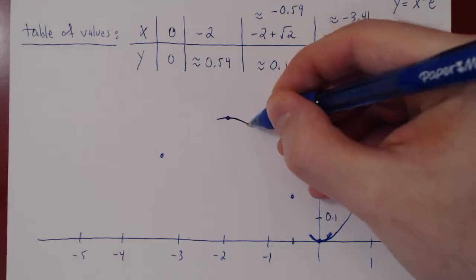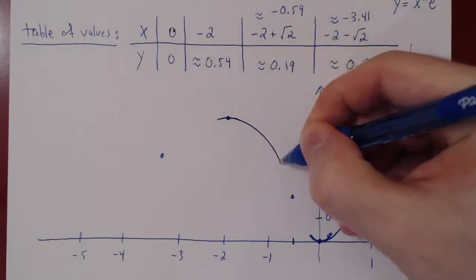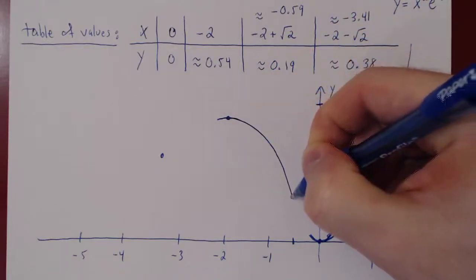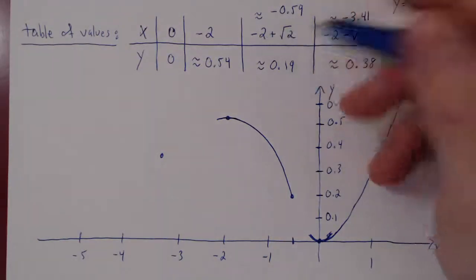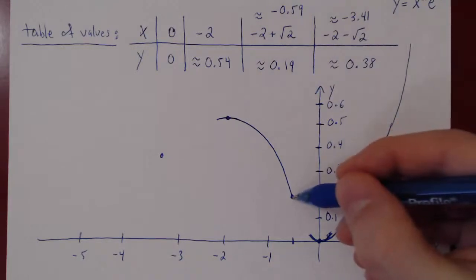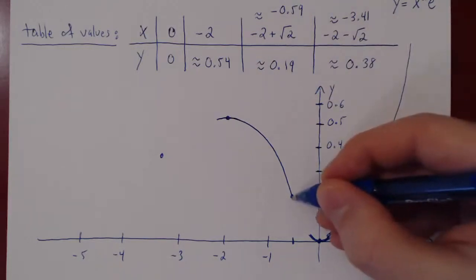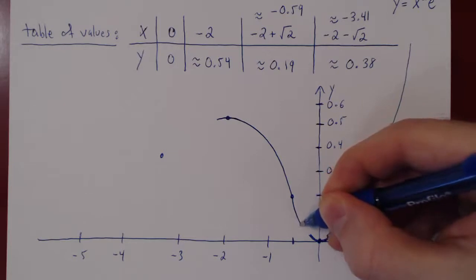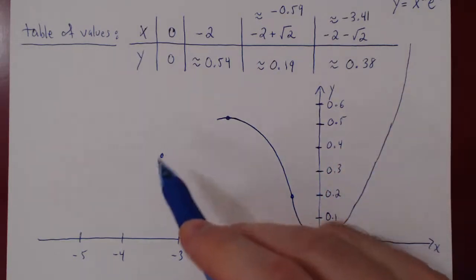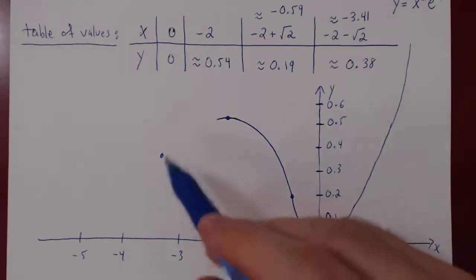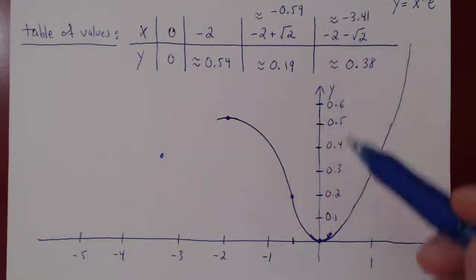Curve is concave down. We hit the possible inflection point, which we know is a real inflection point, and as soon as we hit this point, -2 plus root 2, the curve switches to concave up. Now, what about this point? Well, this was our second possible inflection point.